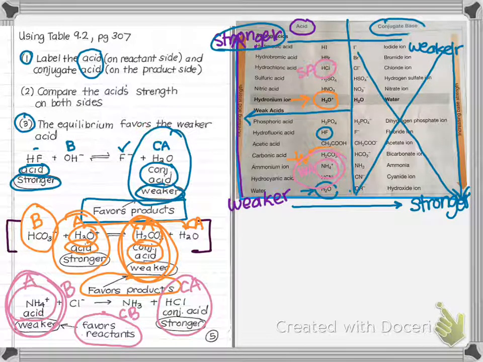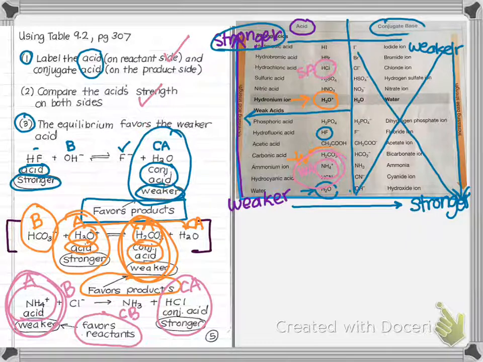So in order to determine the equilibrium in an acid-base reaction, or which side is favored, first you label the acids and the conjugate acids on the reactant and product side. If you have to label the base and the conjugate bases, that's fine, but we're going to evaluate the acids. The second thing you do is compare the acid strengths using a chart such as the one on the right.